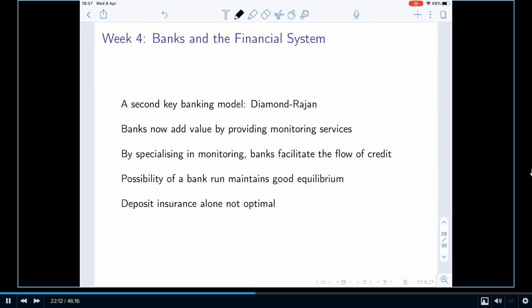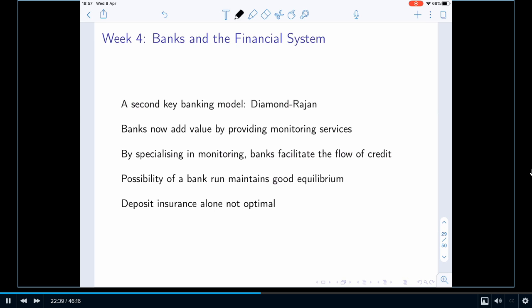Obviously, in reality, there's a lot of complexity that we've ignored. But a key additional layer that we introduced later in the week 4 material is the concept of monitoring. To do this, we're going to introduce a second banking model, the Diamond-Rajan model. Now, instead of thinking about banks as adding value by engaging in maturity transformation and providing liquidity insurance to their customers, banks are going to add value by providing monitoring services.